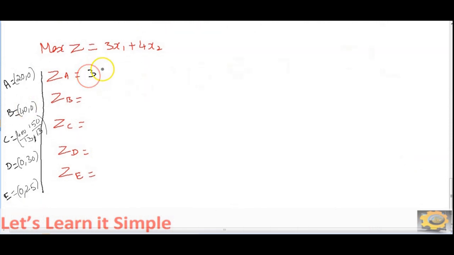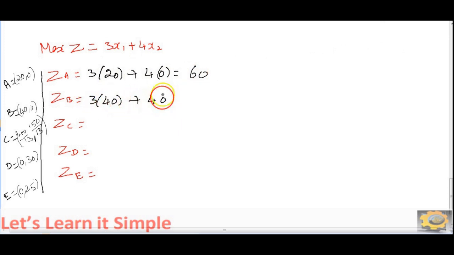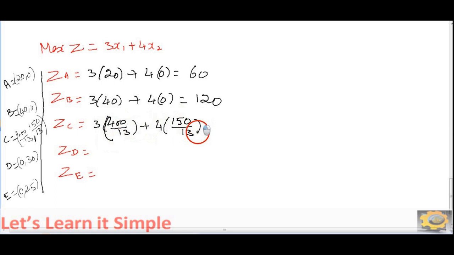Now we need to substitute these values. Z of A is 3 of 20 plus 4 of 0, which amounts to 60. Z of B is 3 of 40 plus 4 of 0, which amounts to 120. Z of C is 3 of 400 by 13 plus 4 of 150 by 13.